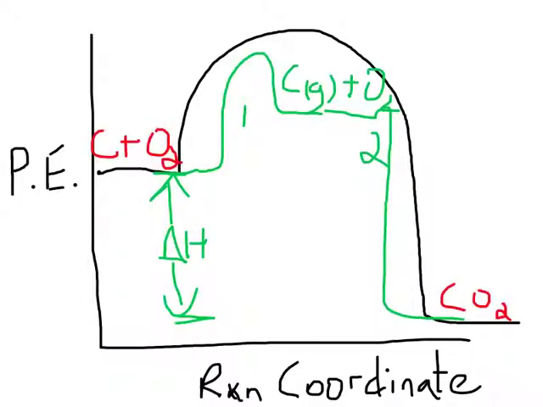So whether I'm just directly going from here to here, or whether I go through this whole rigmarole to get to here, the delta H stays the same.